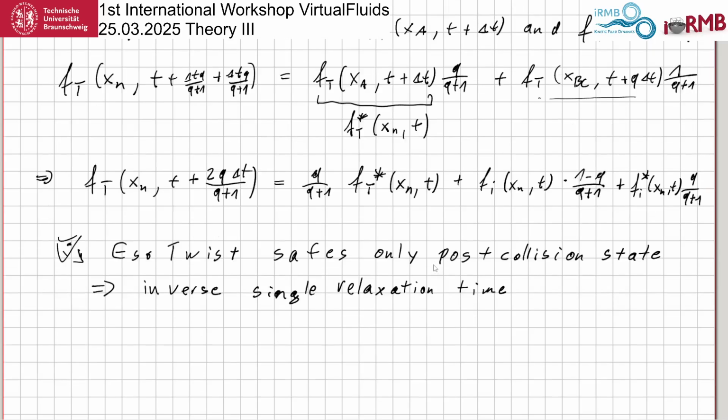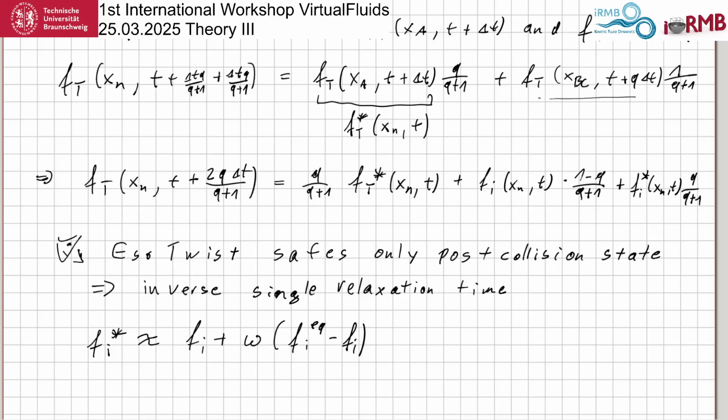How does BGK look? BGK looks like this. So we get post-collision Fi plus omega times Fi equilibrium minus Fi.